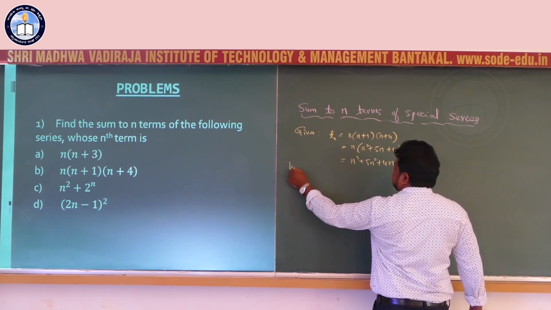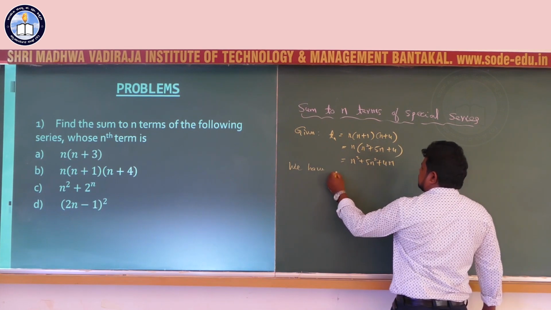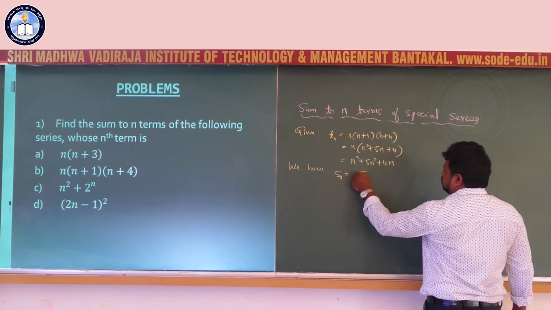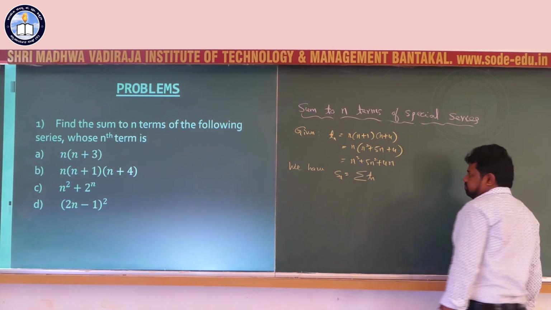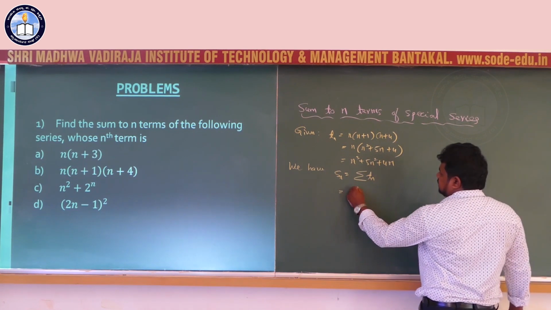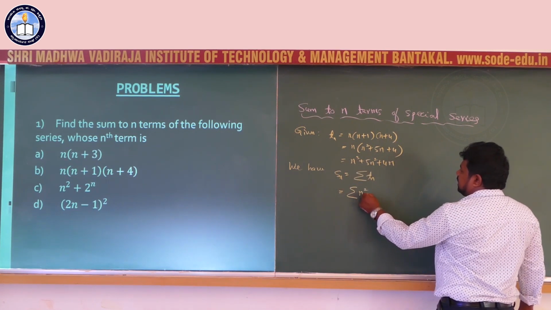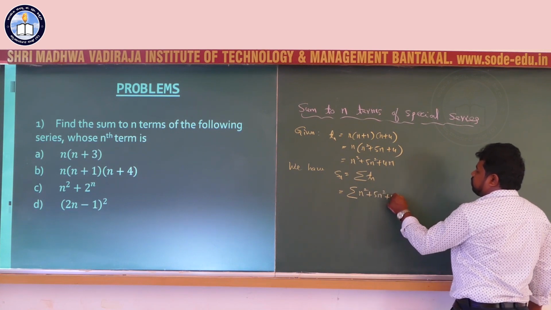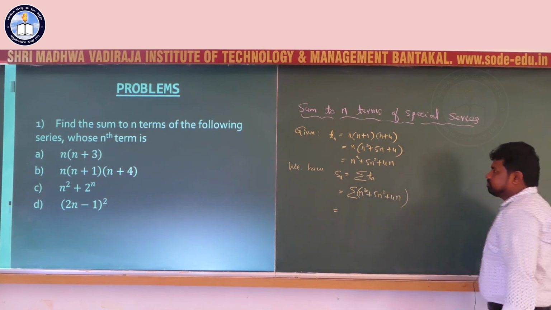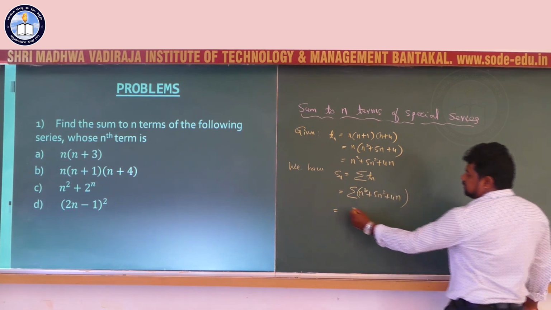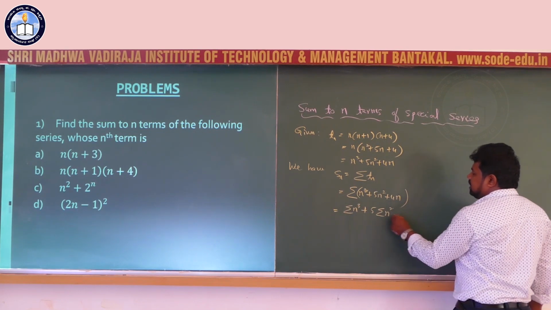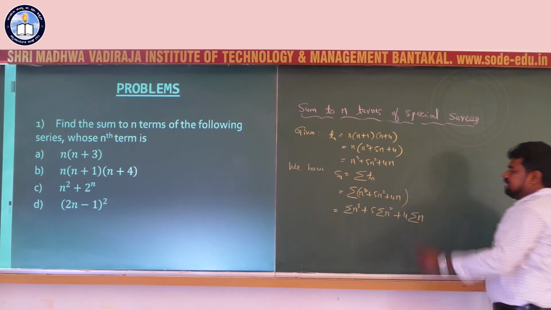We have Sn, sum of first n terms equal to summation Tn, T1 plus T2 plus T3 up to nth term. That is equal to summation of nth term n cube plus 5n square plus 4n. That is equal to summation n cube plus 5 into summation n square plus 4 into summation n.